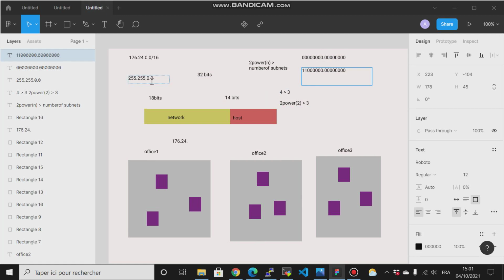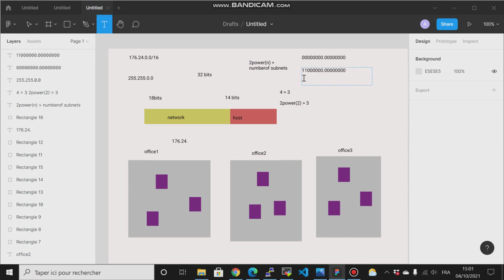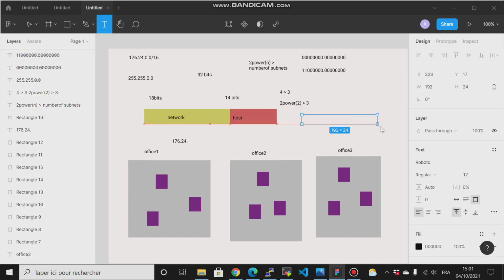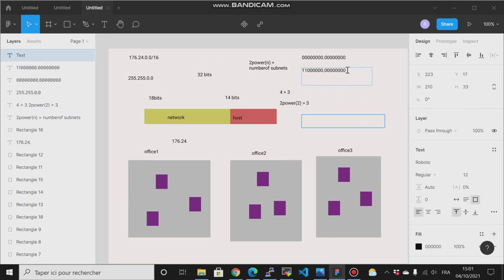So what will the new net mask be? Because in binary to calculate this we do 2 power 0, 2 power 1, 2 power 2, 2 power 3.